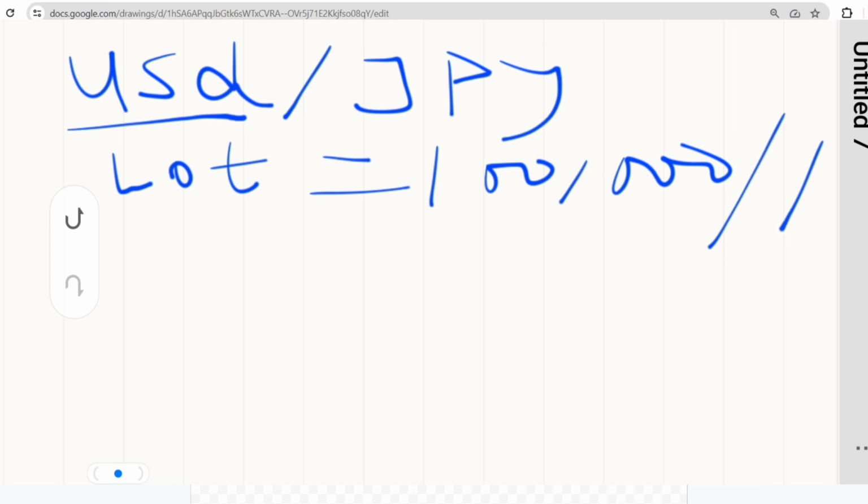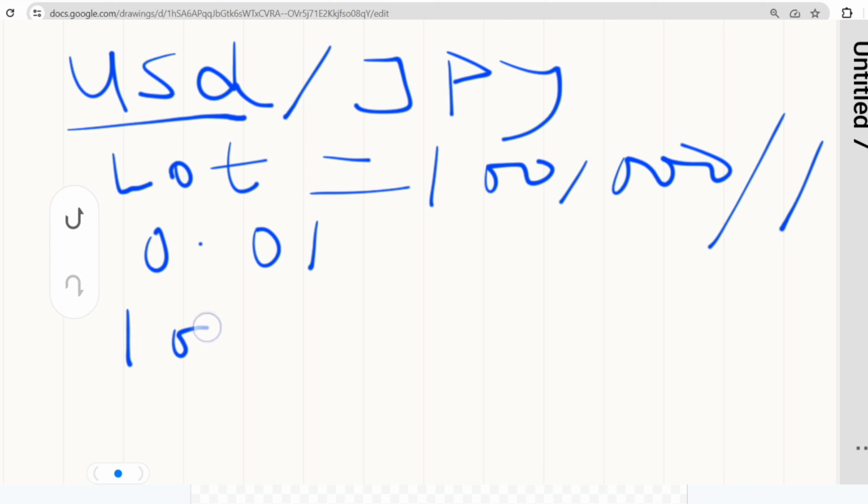So now to get the value, one pip value for this is going to be 0.01. Remember, the pip is the number after the decimal point. So for this one pip for USD JPY is going to be 0.01 because of the JPY pair. Now we're going to multiply this by 100,000.